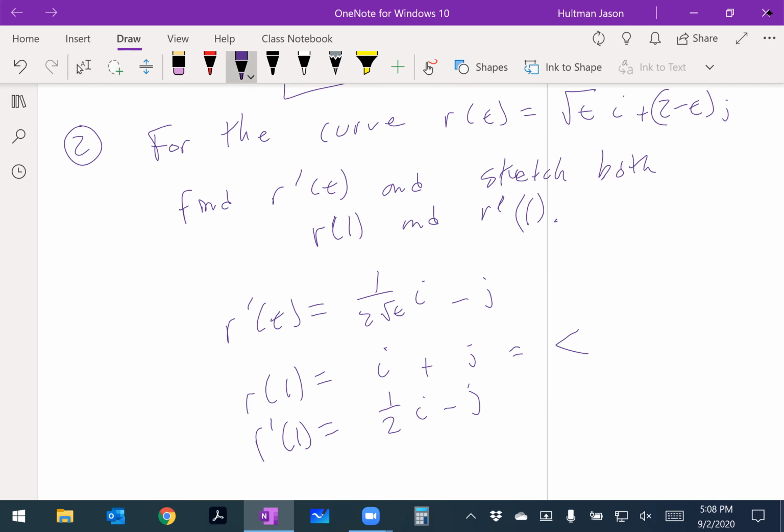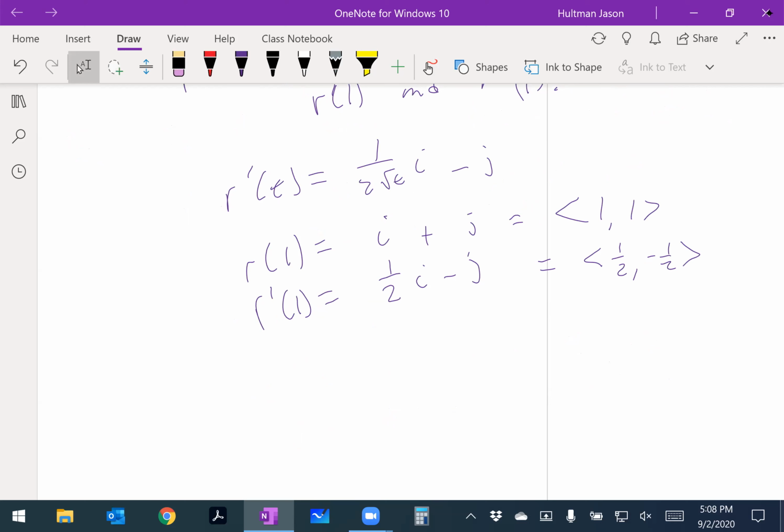Let's look at this as a vector. This is the vector 1, 1, and this is the vector 1/2, negative 1. Now we want to graph this thing. What is this going to look like? We have this curve, r of t equal to the square root of t i plus (2 minus t) j. This is the i direction, the x direction, and this is the j direction.